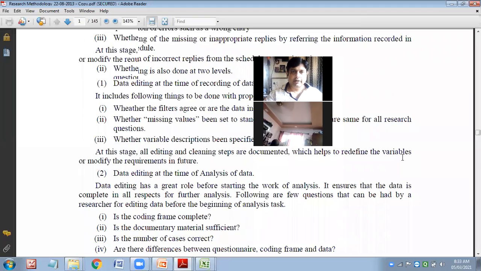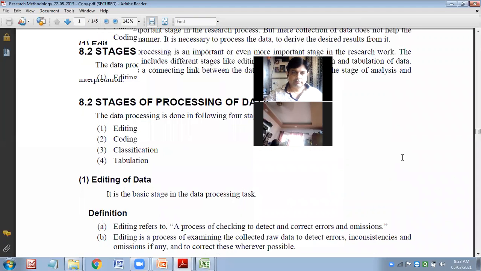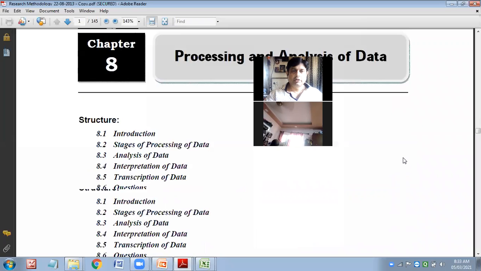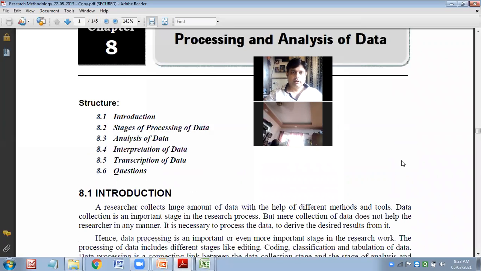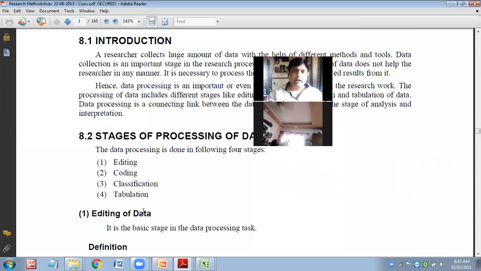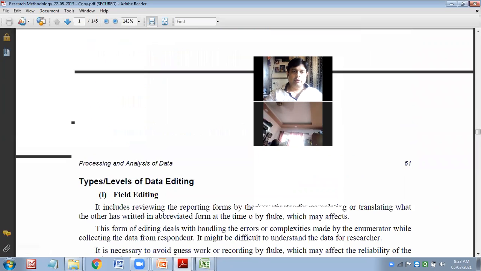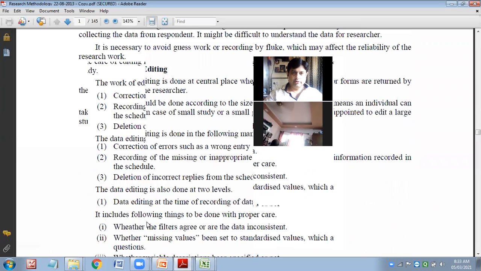Same thing is explained here also. Processing of data, chapter 8. Editing क्या है, coding क्या है, classification क्या है. I hope now you must have understood.